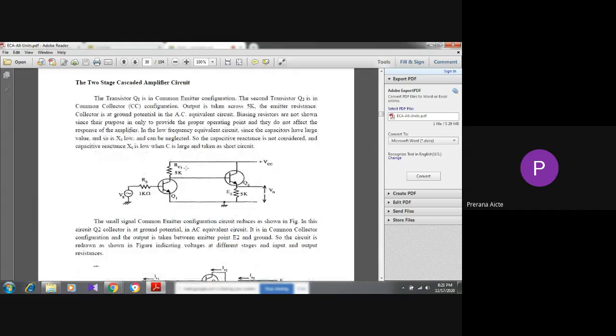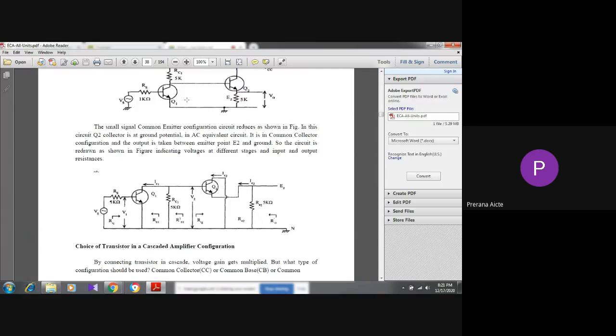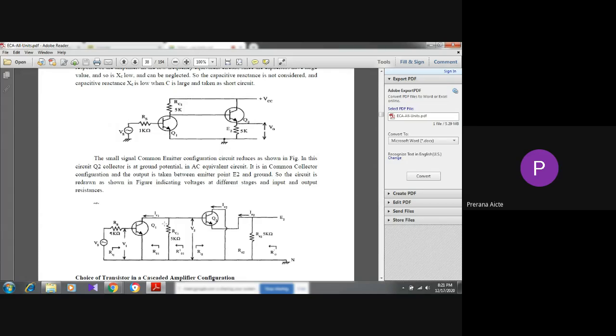See, this is a two-stage cascade amplifier. The first stage is CE and the second stage is CC. We have the different resistor values here, and this figure is redrawn like this for simplification purposes. Both circuits are the same, but there is a slight difference in the alignment of the components.